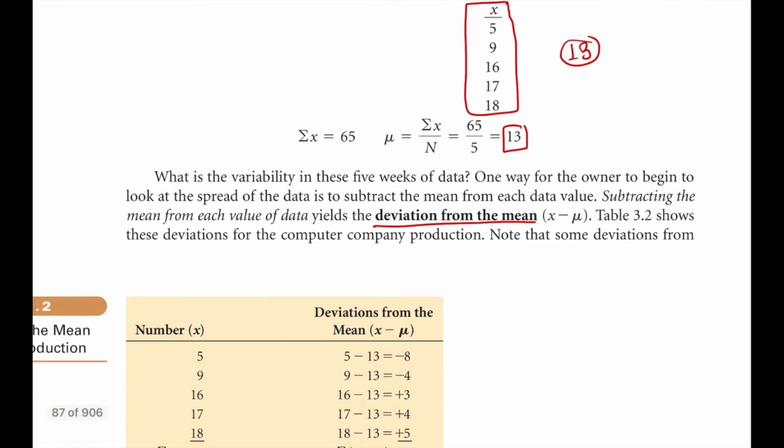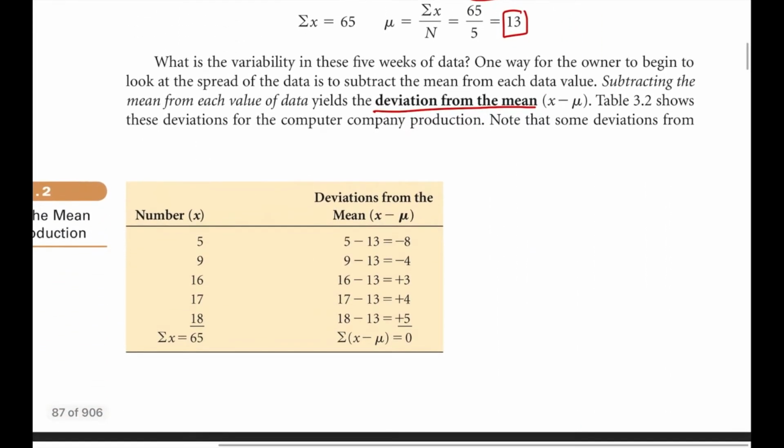Here we are doing the same: 5 deviated 5 minus 13, which is minus 8. That means it's below the mean by 8 units. 5 was somewhere here and 13 was here, so it has an 8 unit gap.